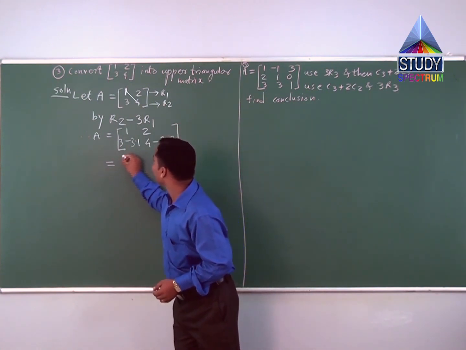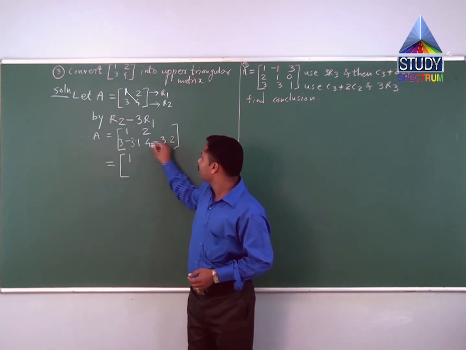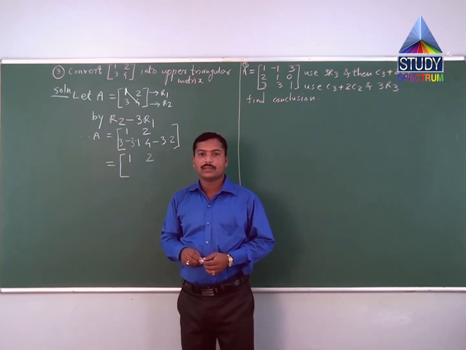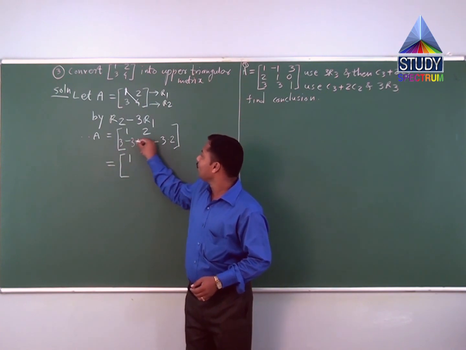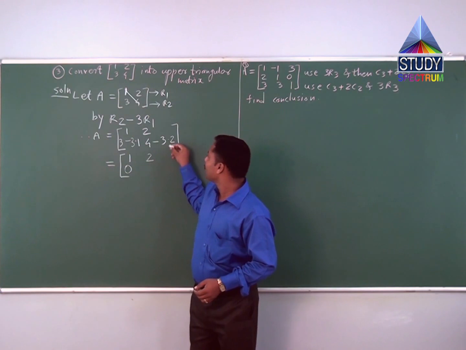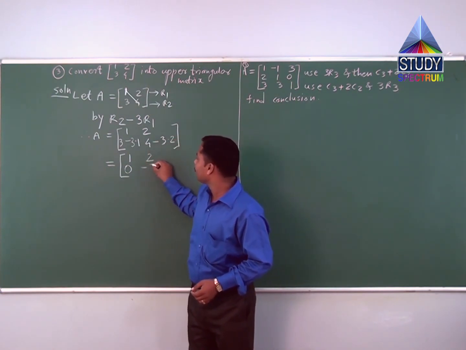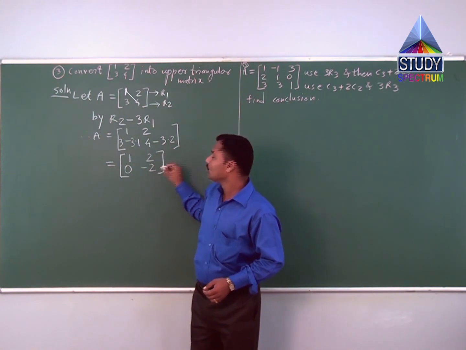So equal to, here is 1 2, the first row as it is, 3 into 1 is 3, 3 minus 3 is 0, 3 into 2 is 6, 4 minus 6 is minus 2.